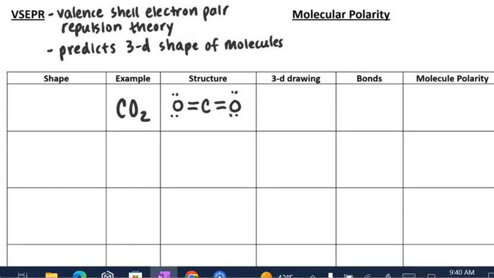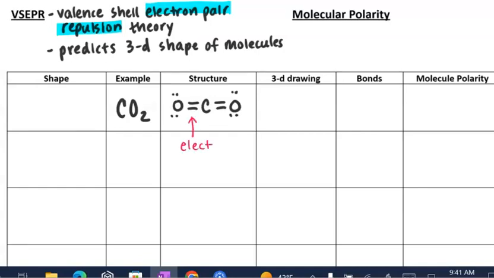All right, let's talk a little bit about what this molecule would look like in 3D. Now, here's what you need to keep an eye on. This is all about electron pair repulsion. We know from past experience that opposite charges attract and like charges repel. Now, we know that bonds are made of electrons.